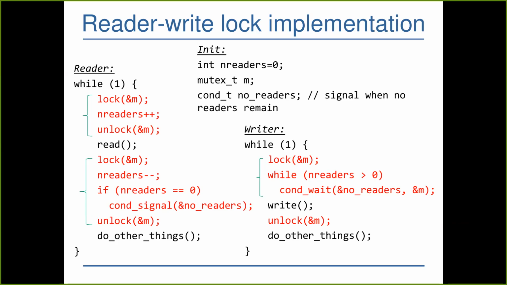And if there are no readers remaining, you are the last reader. You want to wake up the writer, and I will get to the writer in a moment. Using the cond signal, that will wake up using this condition variable. And then finally you unlock the mutex.